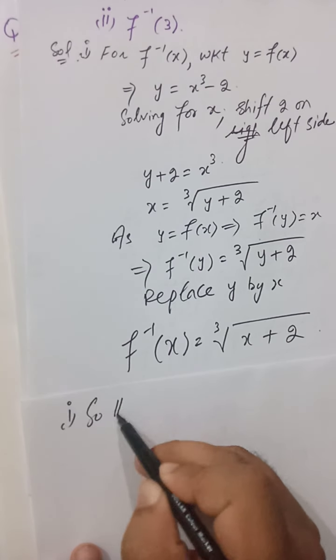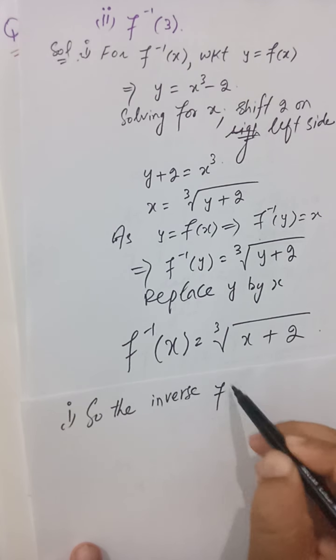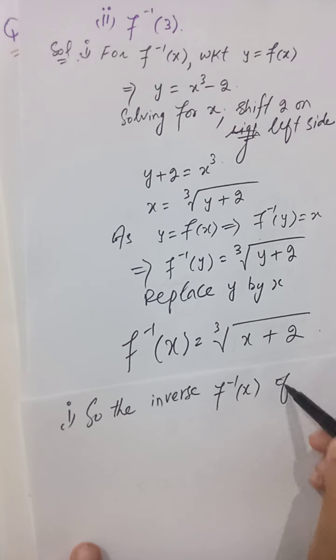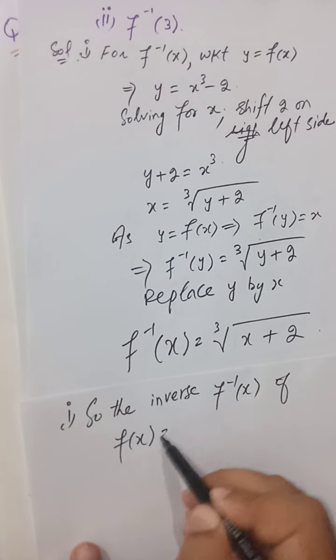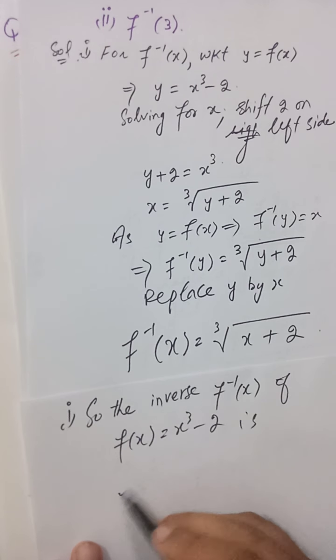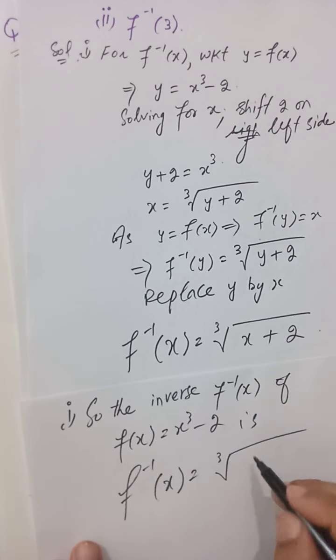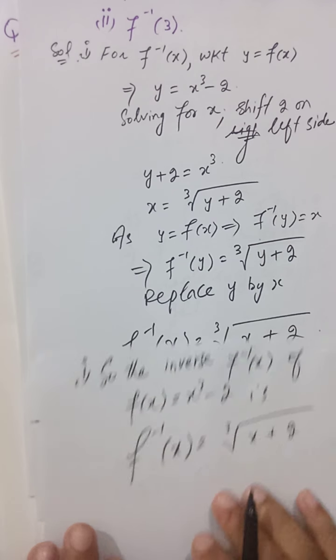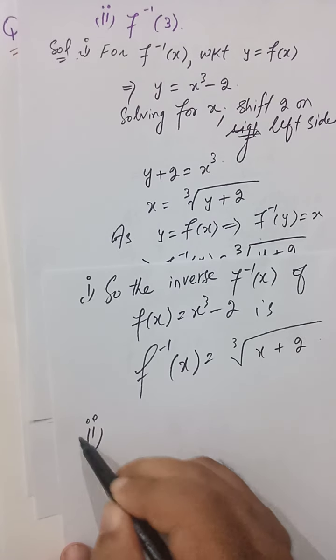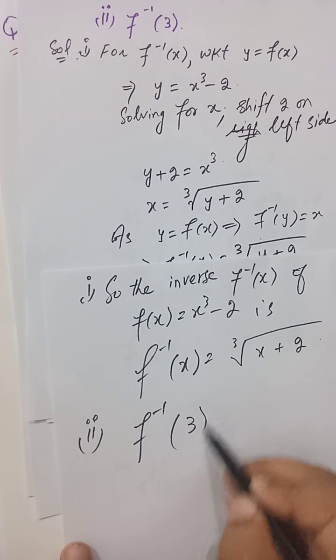So the inverse of f of x equal to x cube minus 2 is f inverse of x equal to cube root of x plus 2. In part 2 you need to calculate the inverse function at point 3.